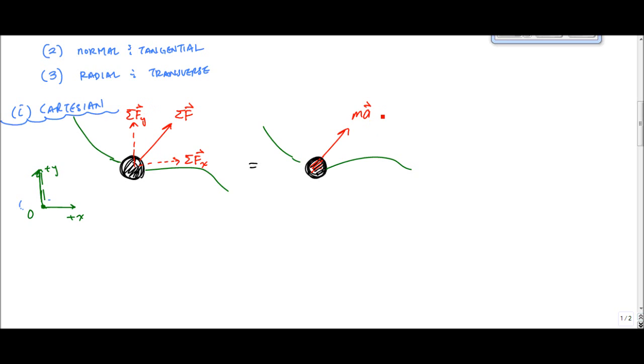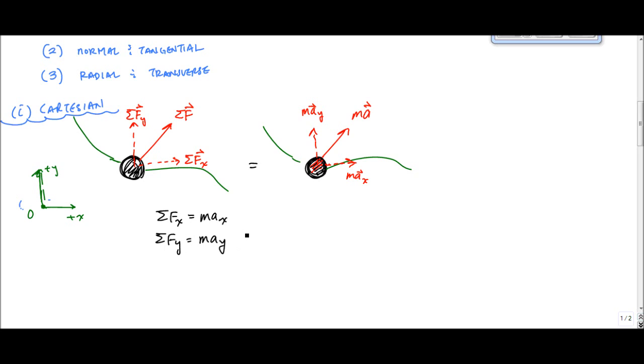Then you would similarly break up this acceleration vector, or this inertial term, into max and may. Technically you don't even need vector symbols because you're looking at one direction at a time. So the sum of the forces in the x, when doing this problem in 2D, is just max, and the sum of the forces in the y is may.